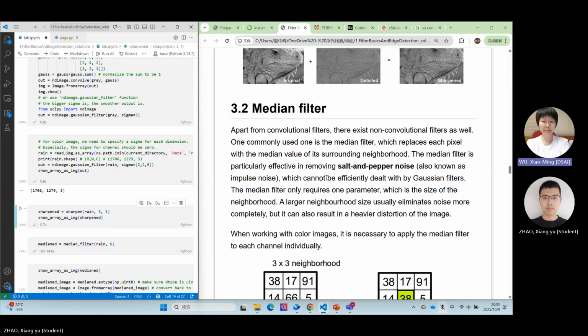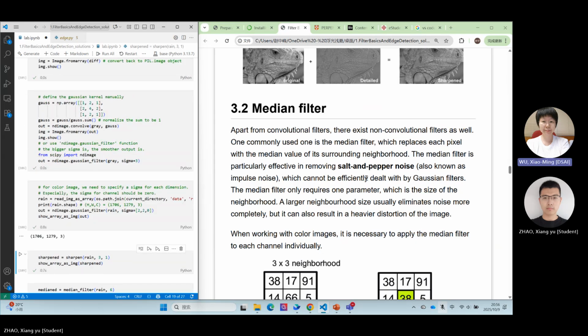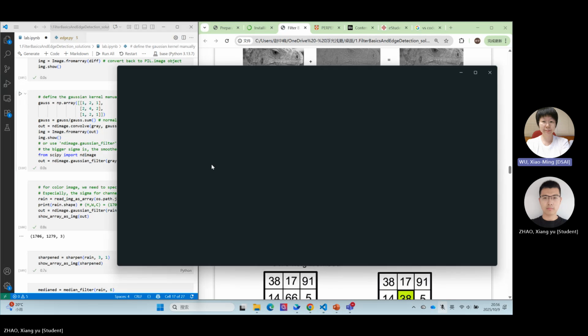And the second filter is named the median filter. Median filter is effective in removing salt and pepper noise. What is the salt and pepper noise? A typical example is the rain. For example, we can see that.